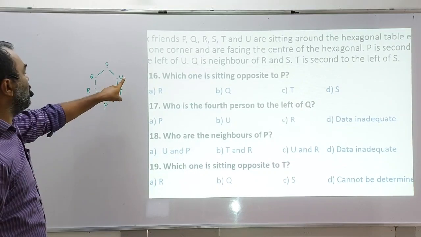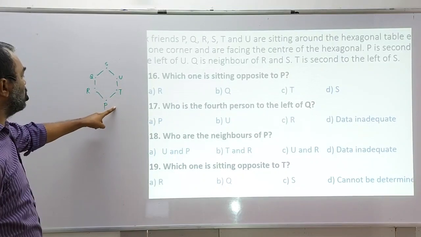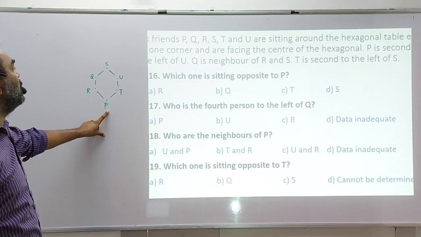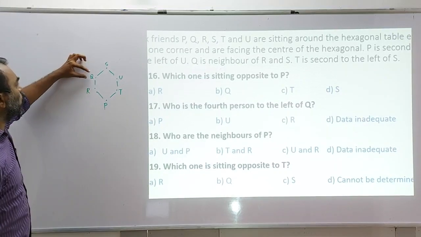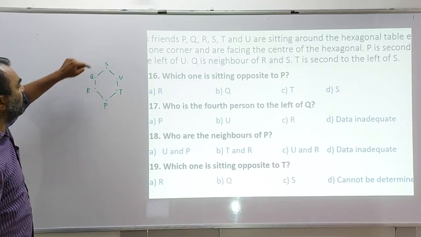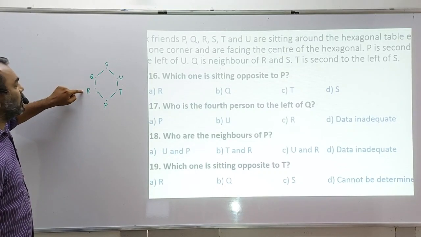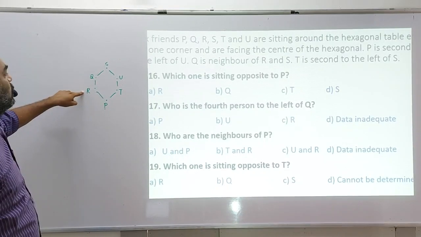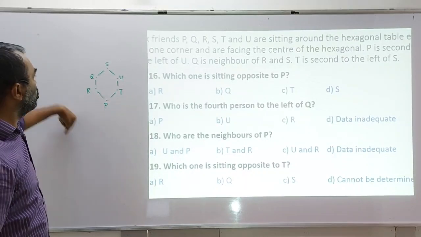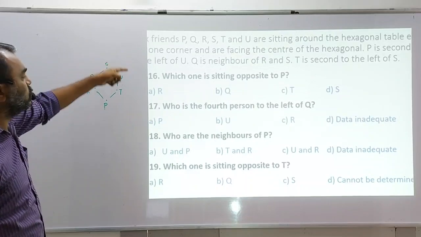Check it again. P is second to the left. I started U here, P is second to the left of U, so P is here. And Q is the neighbor of R and S, so I could only put Q here and R and S here. First I tried R here and S here. But if S was sitting here, then T would become to the right of S. So I have to put S here because T is second to the left of S, and R automatically shifts here.